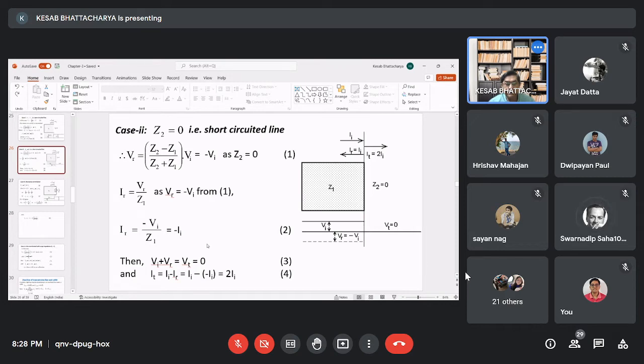Yes, sir. So, in a short circuited line or short circuited system, what happens at the point of short circuit? The voltage becomes 0, but the current becomes much more. Here we see that it becomes double. Is it clear? Yes, sir.